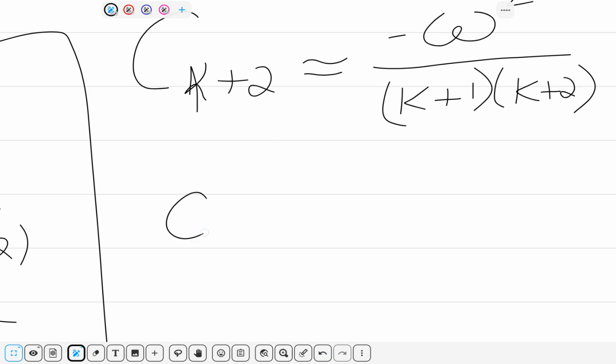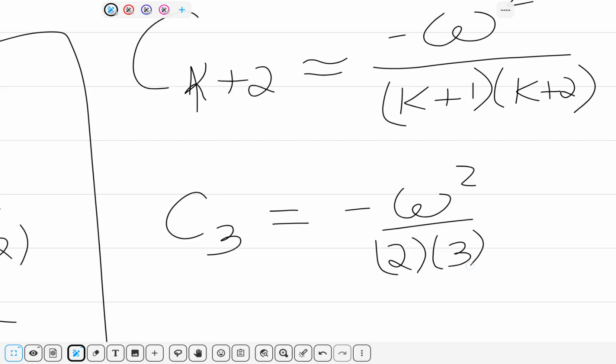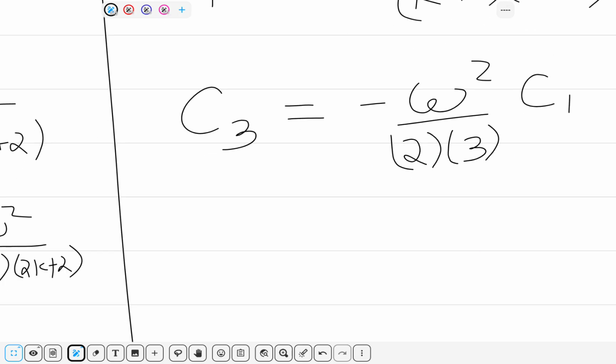So I know that c3 will be this. What will this be? 2 times 3, c1. Not c4, now it is c5.